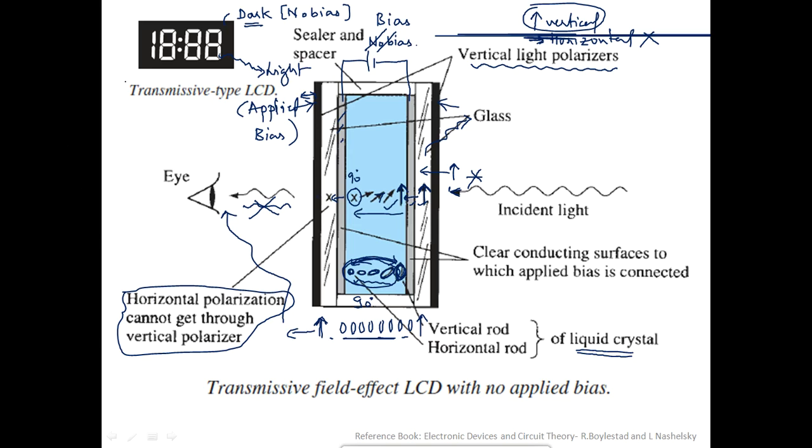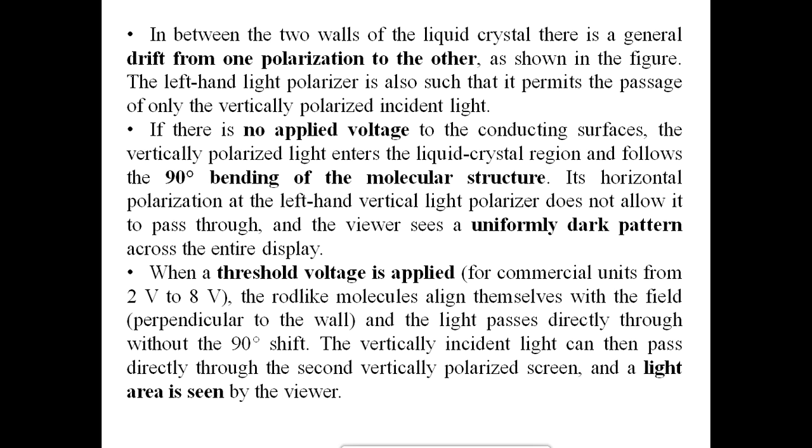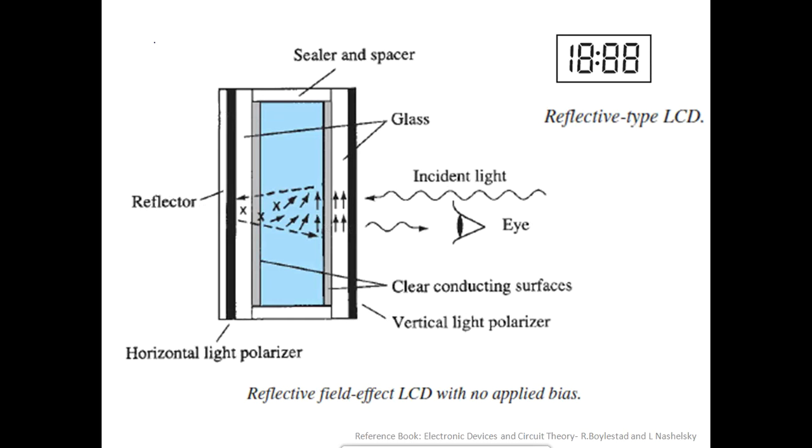Now, such a type of LCD is called a transmissive type LCD. There is another type of LCD which is called a reflective type LCD. So what's the difference here when compared to the transmissive type?